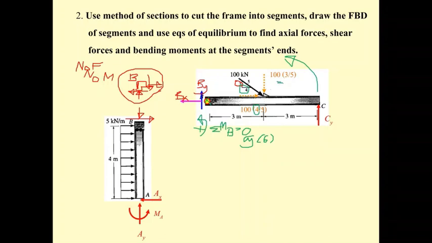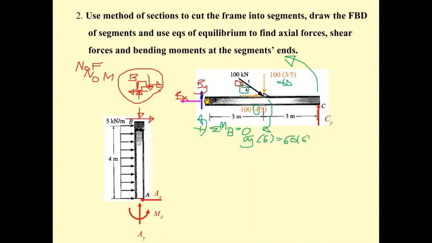So it's only the 60 times 5. This is going to be the 60 kilonewton. The 60 kilonewton is going to rotate in the clockwise direction, so it's opposite to this. So it's going to be equal to 60, a force here, and it's going to be times 6.